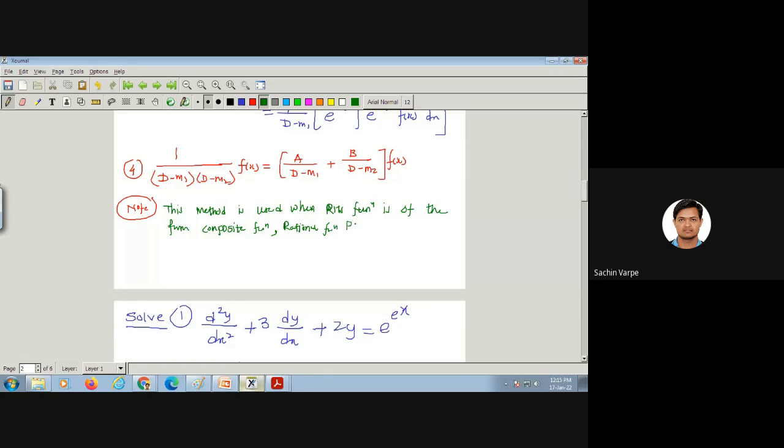Rational function means it is of the form p of x upon q of x, or inverse trigonometric functions, etc. Actually, the general method is general.